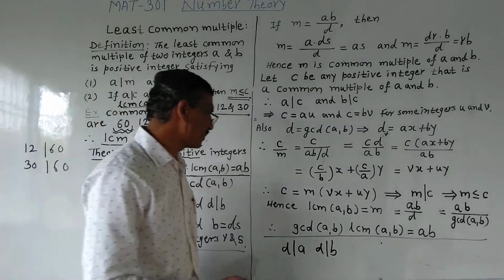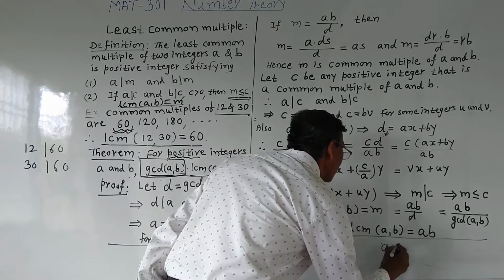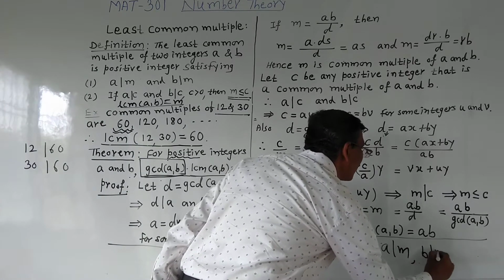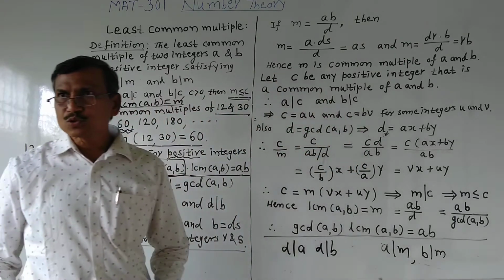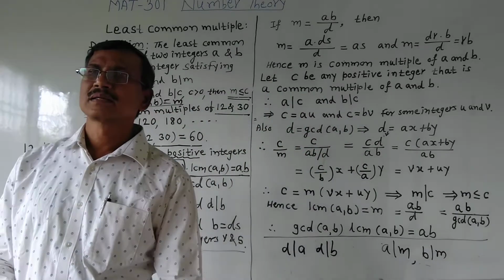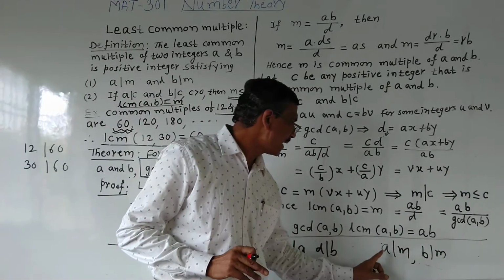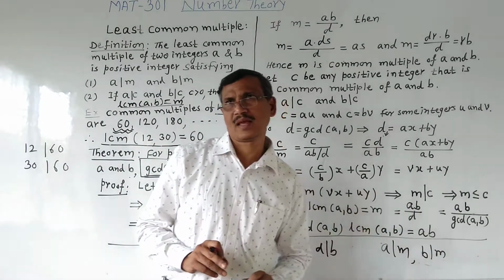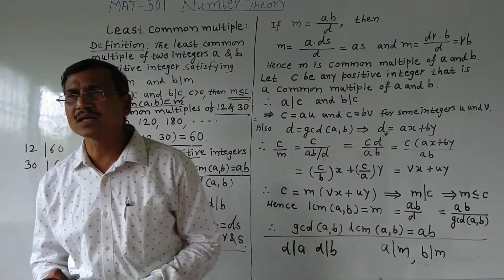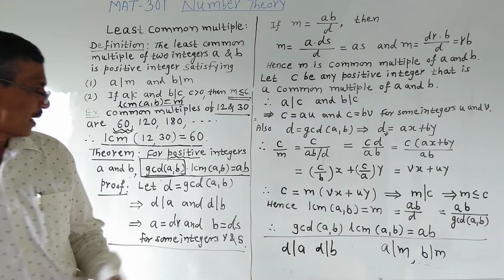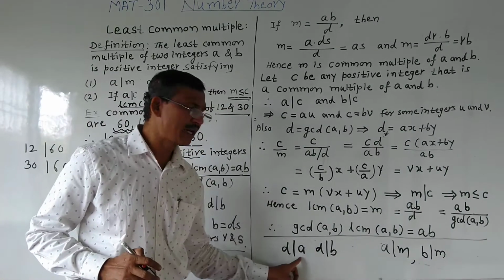D is a common divisor. And common multiple means A divides M and B also divides M. That means two integers divide the common integer. That means M is in multiples of A and B, and therefore M is called a common multiple of A and B. Here D is the greatest common divisor.